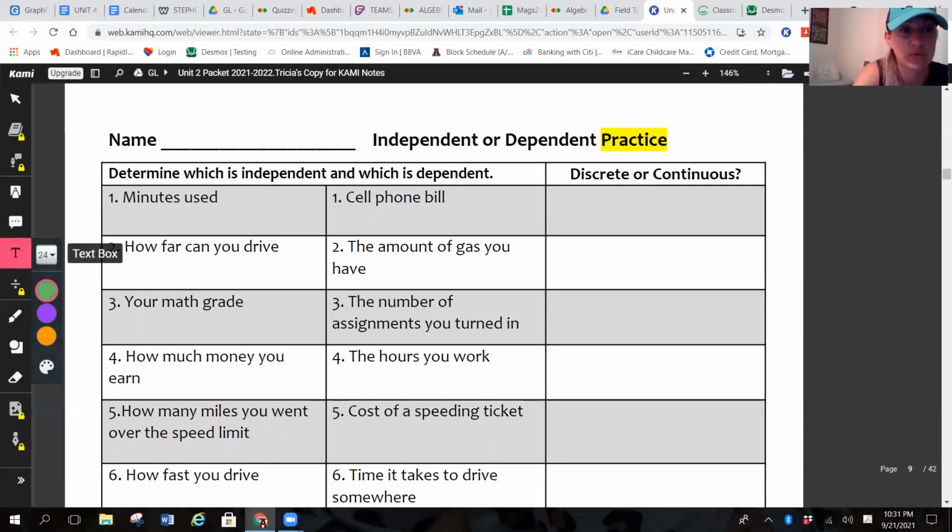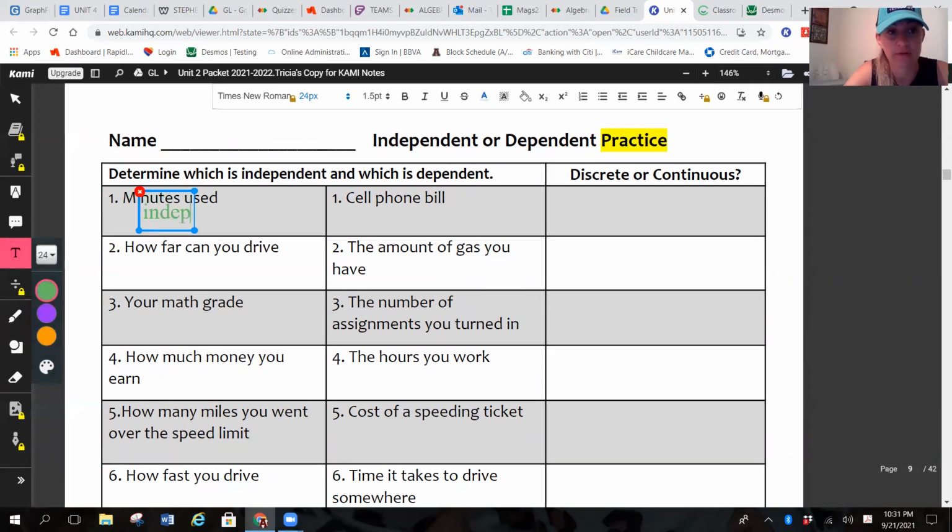So this is going to be independent. The result, the company is going to say, hey, we're going to charge you 25 cents a minute. Well, the company controls the cost, and then however long I talk on the phone is going to start racking up, and then that's the result of my phone bill. So this is going to be dependent.